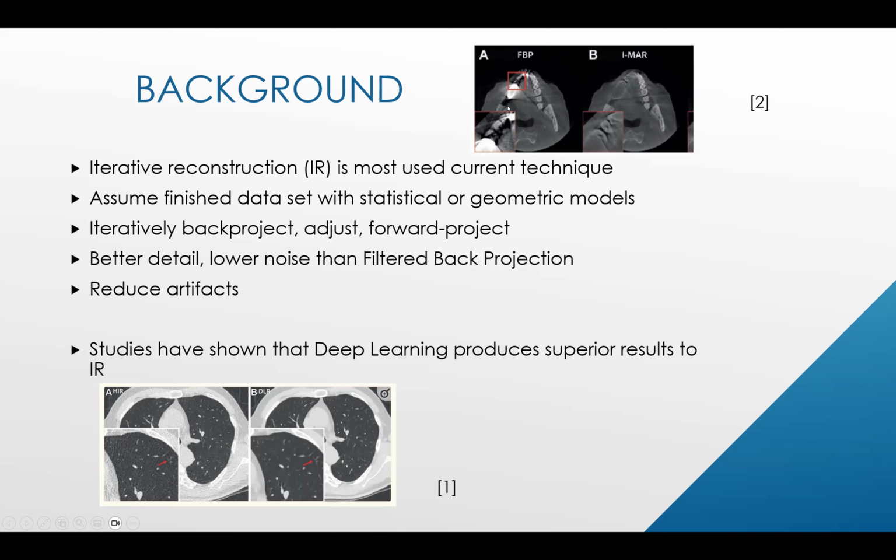And this can remove artifacts, such as from this metal implant here. And also previously mentioned that studies have shown that deep learning actually can produce results that are even better than this, with reduced streaking or noise.